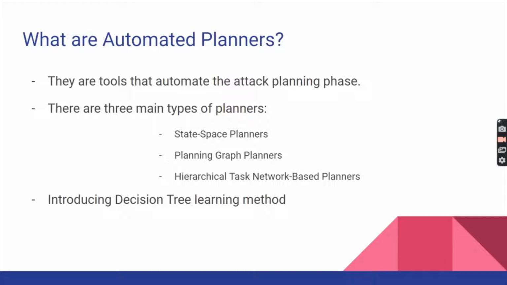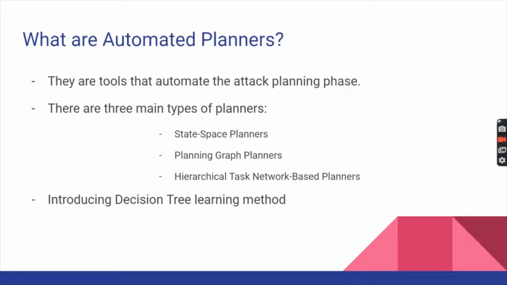There are three main types of planners that are more catered towards our cause: state space planners, planning graph planners, and hierarchical task network-based planners. State space planners are classical algorithms for path finding that introduce a more informed exploration through added heuristics.